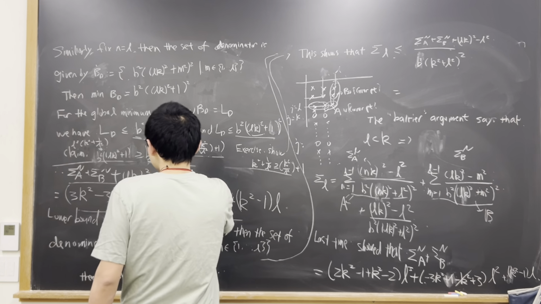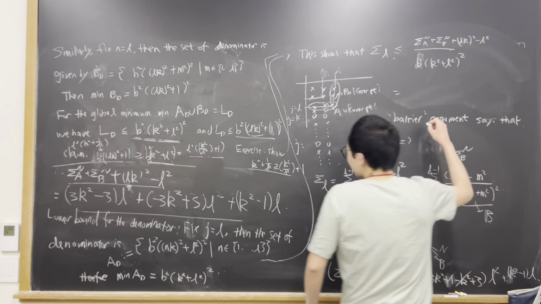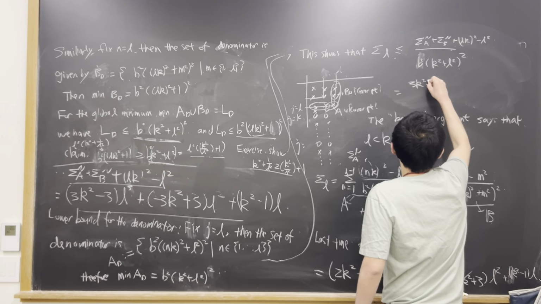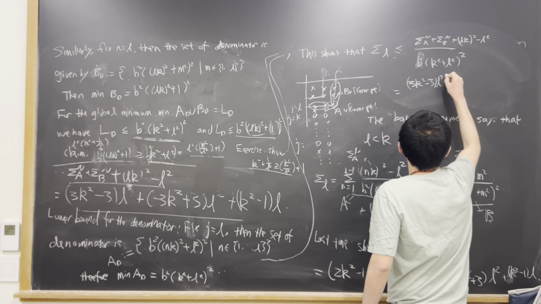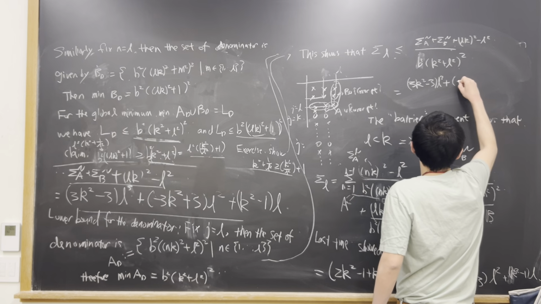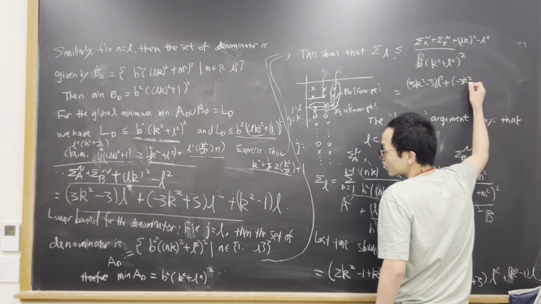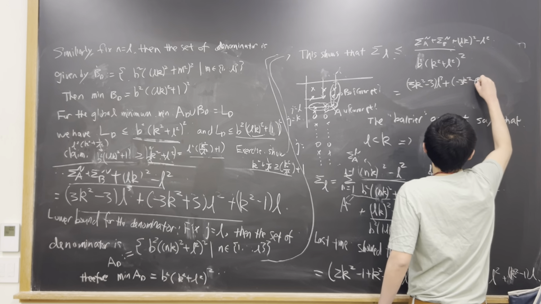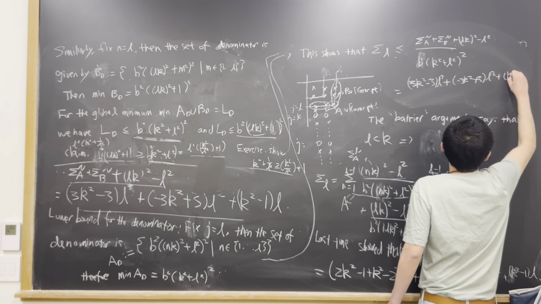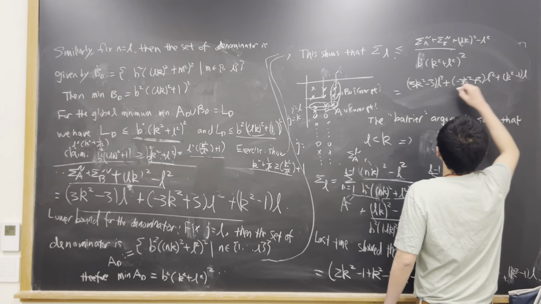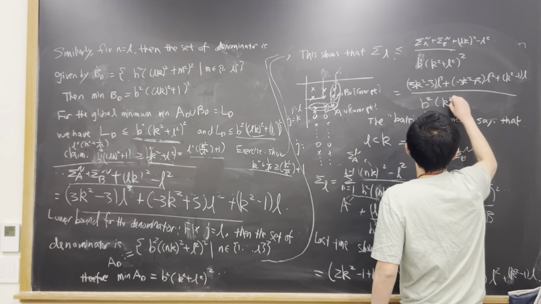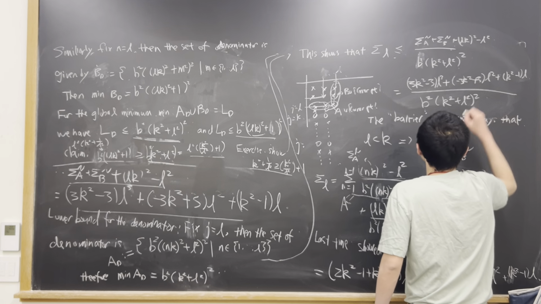So here I get the sum for the top, which is 3k squared minus 3 times L cubed plus negative 3k squared plus 3 times L squared plus K squared minus 1 times L over E squared times K squared plus L squared squared. Okay.